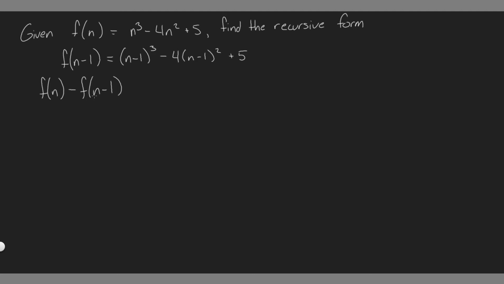So if we subtract f of n minus 1 from f of n, we end up with n cubed minus 4n squared plus 5 minus n minus 1 cubed minus 4 times n minus 1 squared plus 5.